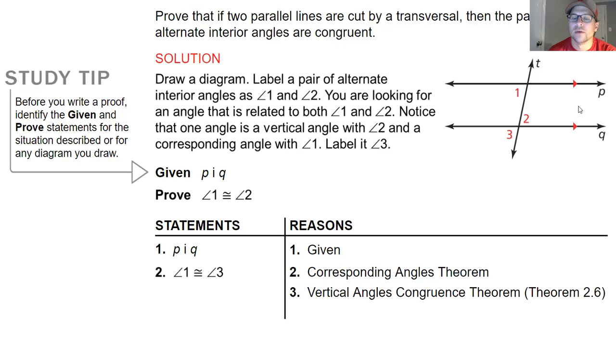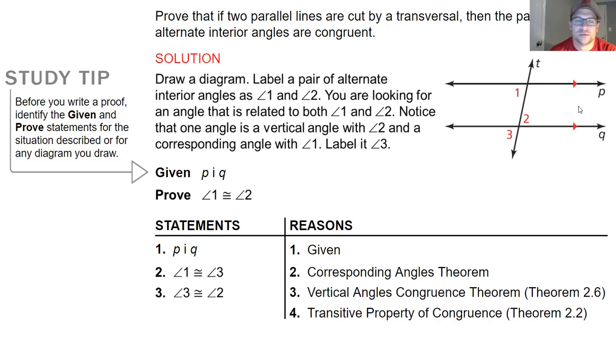Then using vertical angle theorem, which we learned back in chapter 2, that 3 is congruent to 2. So then based on the transitive property of congruence, if one thing is congruent to another, then you can just say that those two things are congruent. So angle 1 is congruent to angle 2.